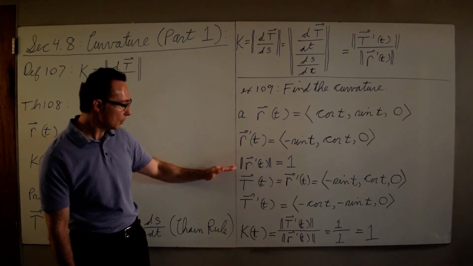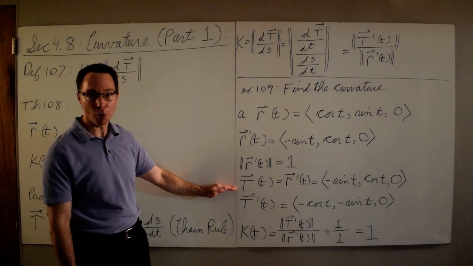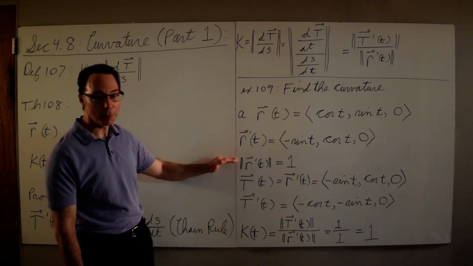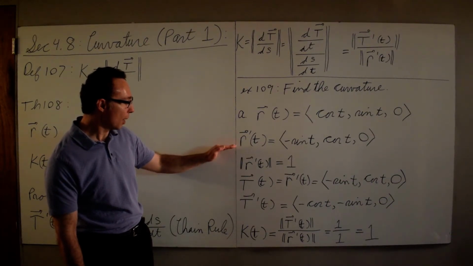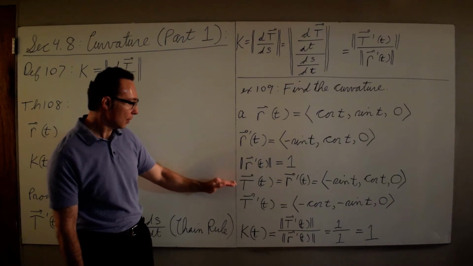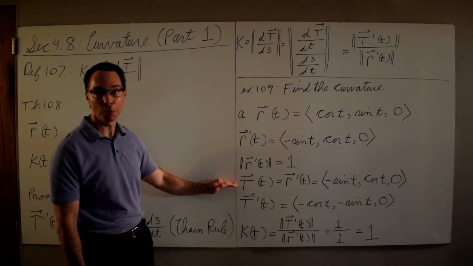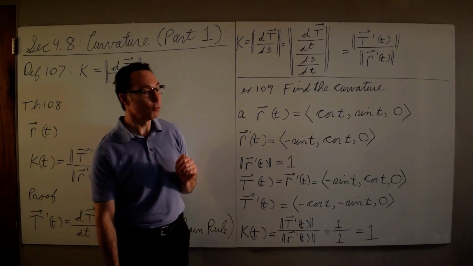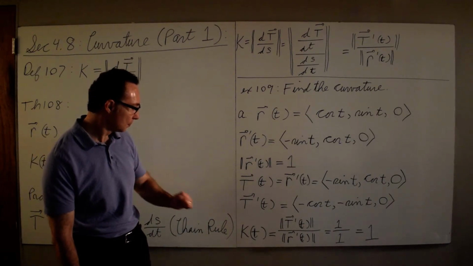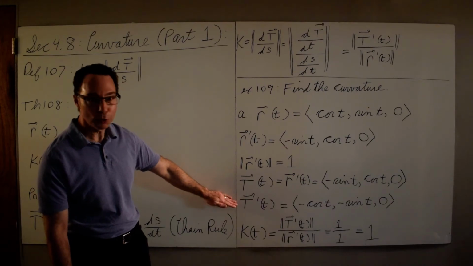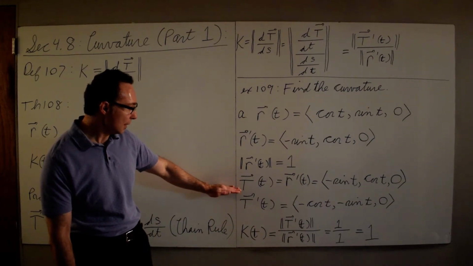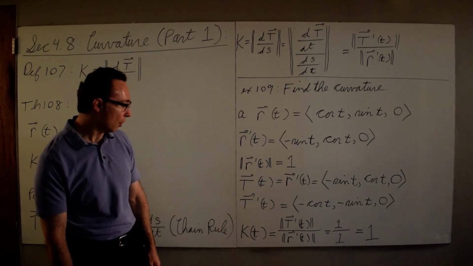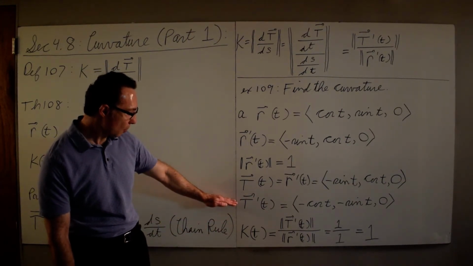So what that means is the unit tangent vector is r prime. To get the unit tangent vector, we would take r prime and divide by its magnitude, but since r prime is already a unit vector, the unit tangent vector for this example is r prime. Now we just apply the formula from our theorem. First we calculate the derivative of T. So here's T prime.